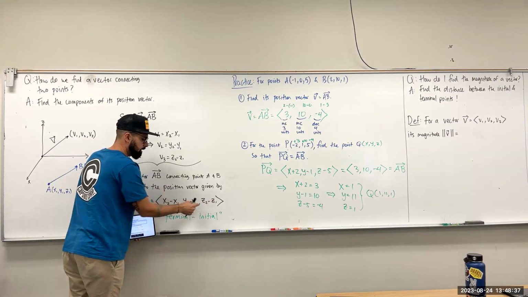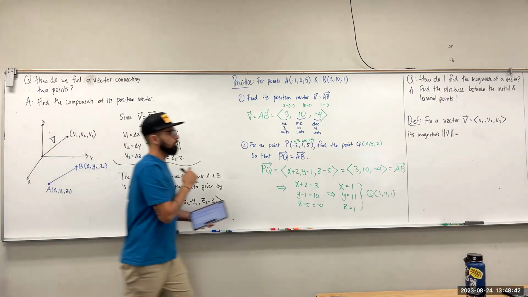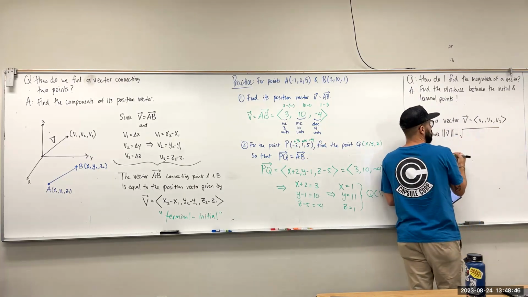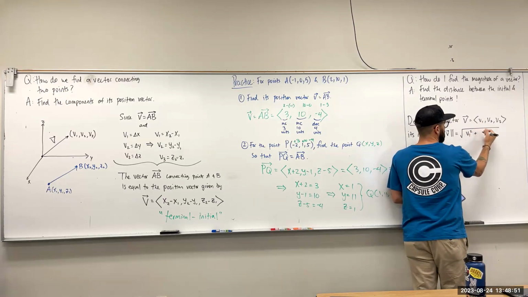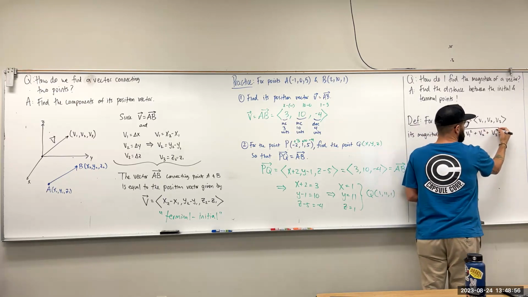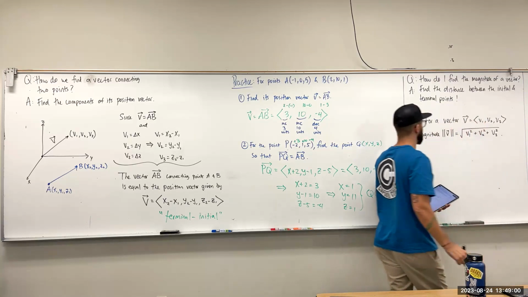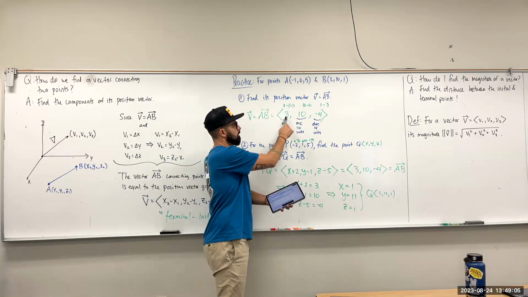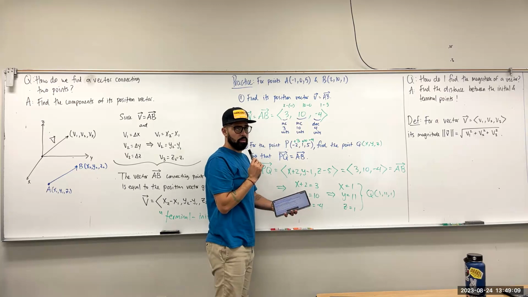But these are really just V1, V2, V3. So the magnitude of a position vector is the change in x, which is V1 squared, the change in y, which is V2 squared, and the change in z, which is V3 squared. So that's how we're going to find it. For example, here, square this, square this, square this, add them, and then take the square root.